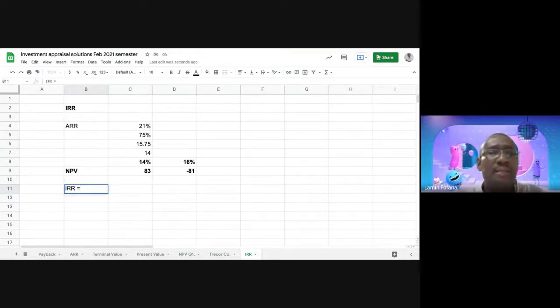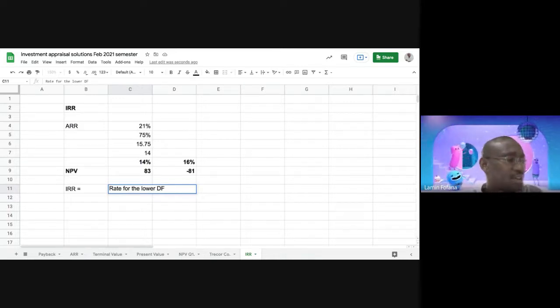Our IRR formula will be what? It will be the rate for the lower discount factor, plus, bracket opens, the present value of the lower DF, divided by, in brackets, the present value of the lower DF again.